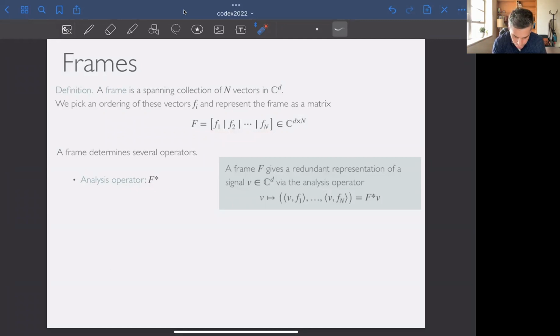We take a vector in C^d, which is like the signal space. I have a signal and I take a bunch of measurements of that signal by taking inner products with my frame vectors. If I organize all of those coefficients into a vector, that's the same thing as hitting the signal vector with F star. So I think of the analysis operator as going from signal space to measurement space.